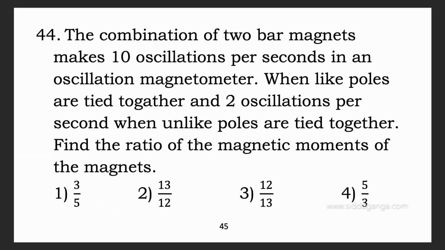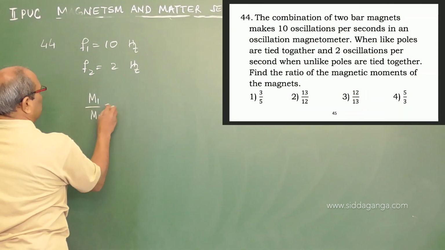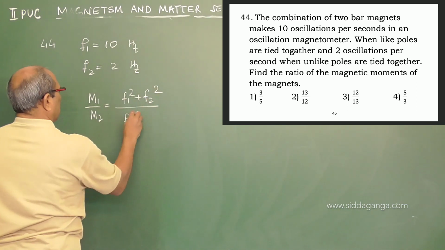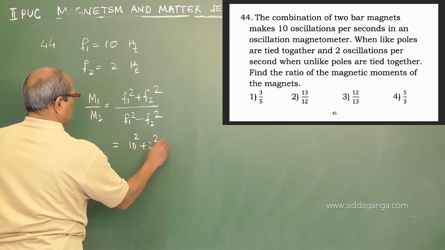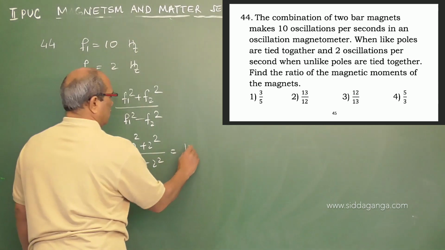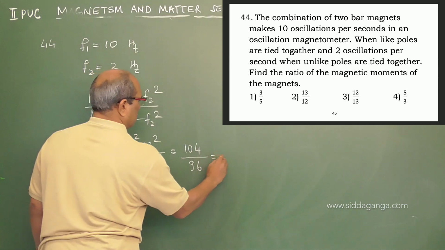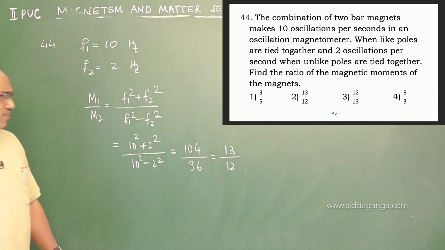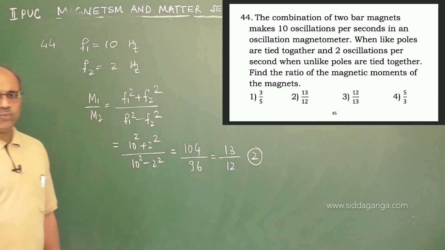Find the ratio of the magnetic moments of the magnets, M1 and M2. In this case, it is F1 square plus F2 square by F1 square minus F2 square. 10 square plus 2 square by 10 square minus 2 square. 104 divided by 96. That is 13/12. That is option number 2.